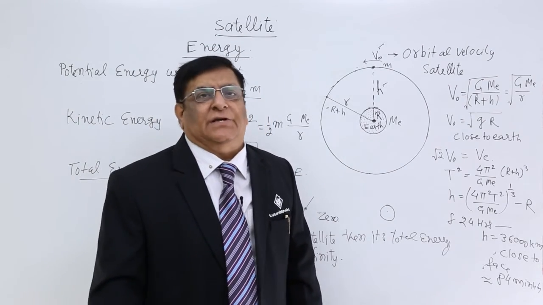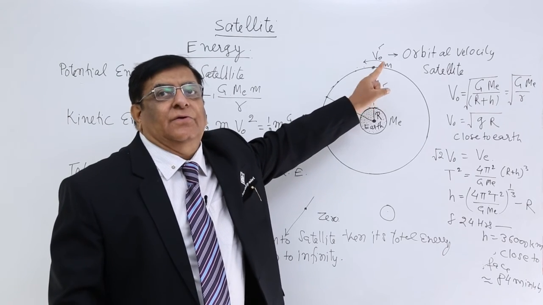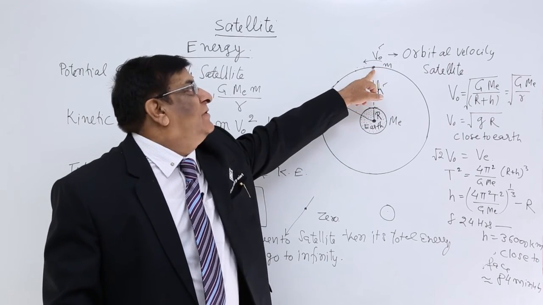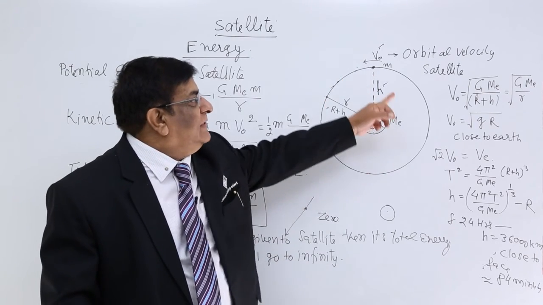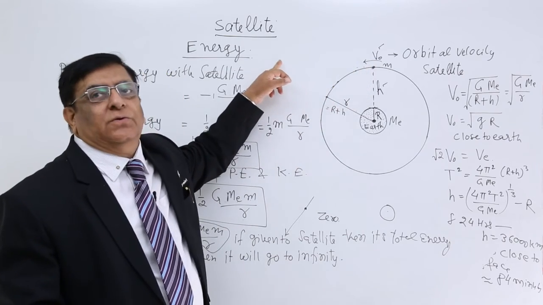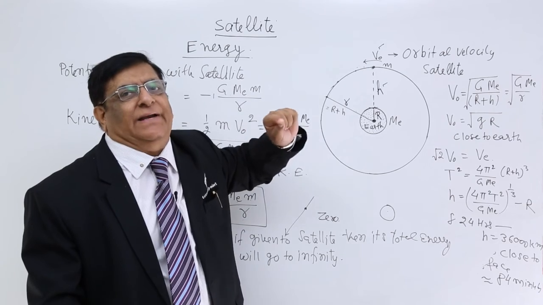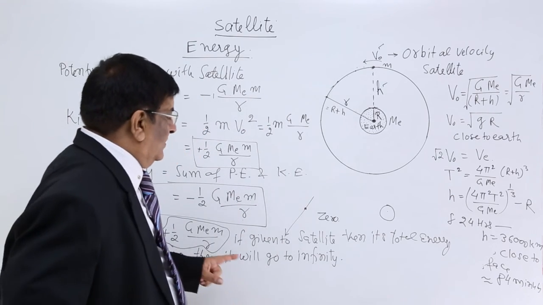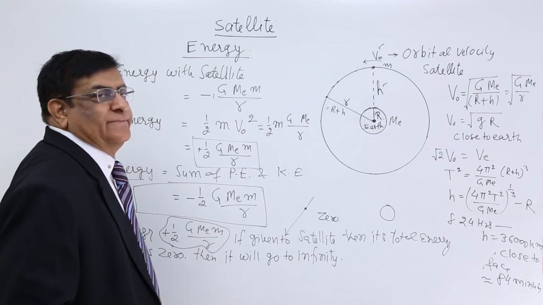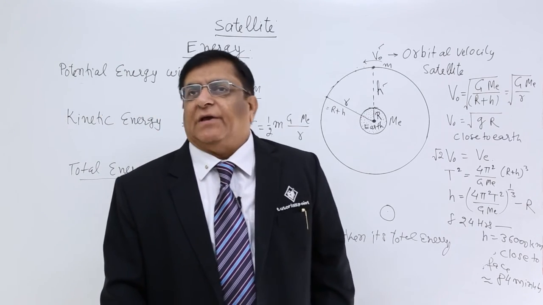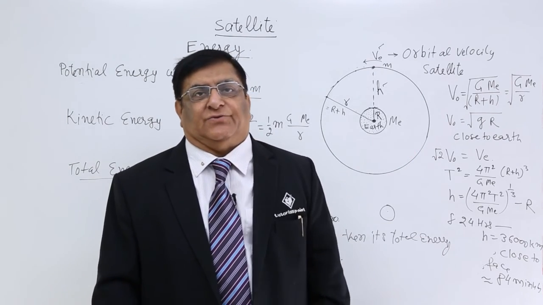Binding energy is that energy required by a satellite; if that energy is given to a satellite, then it will leave the job of orbiting and will go from that space. So its amount, the binding energy, is equal to half G Me m upon R. So we have studied satellites and all the quantities related to satellites.